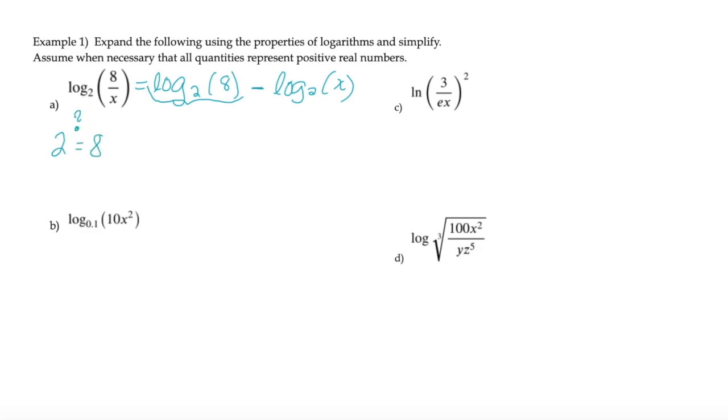We know that 2 to the third power is 8. So therefore, this entire left-hand side is 3. This then would be 3 minus log base 2 of x, or we could write it as negative log base 2 of x plus 3, where you're putting the variable before the constant. Either one is okay.